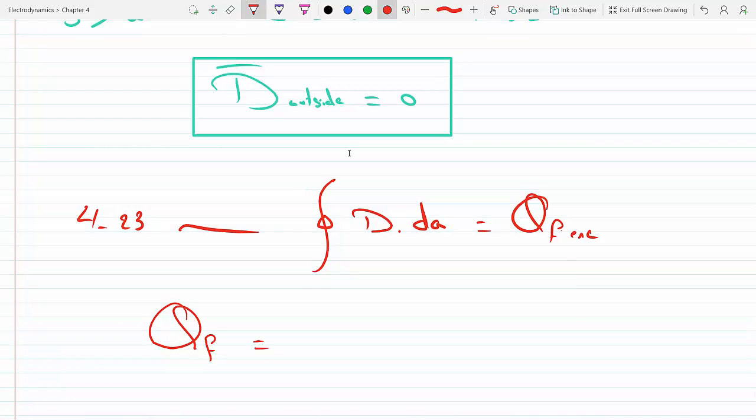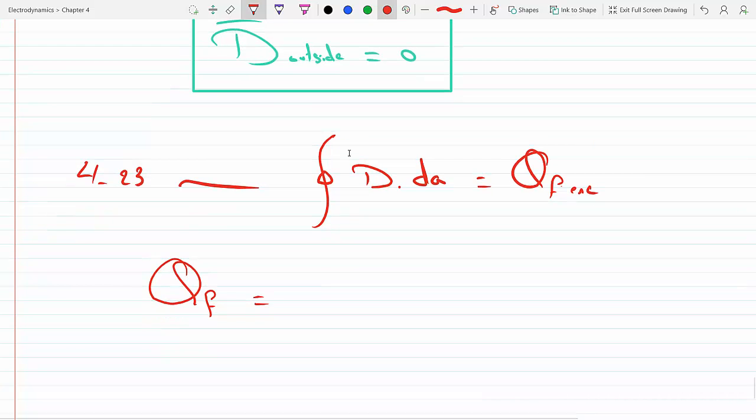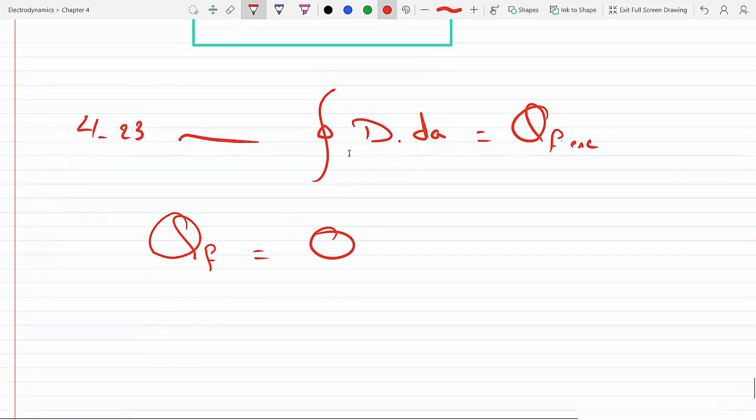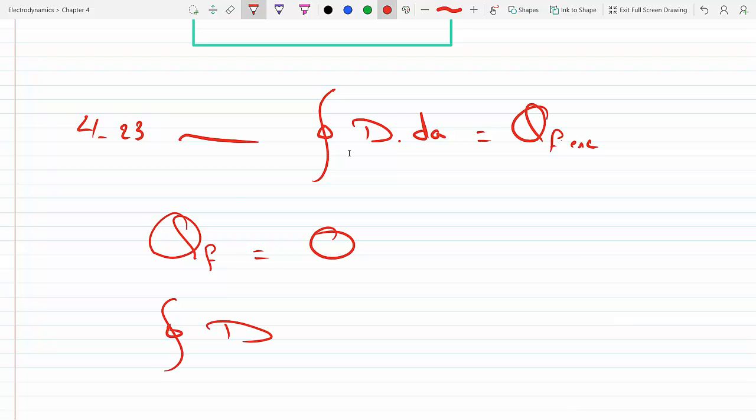It's 0, we just proved that. So that means the integral of D dot dA equals 0.